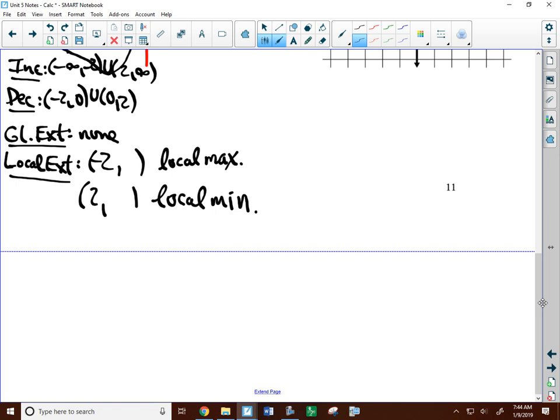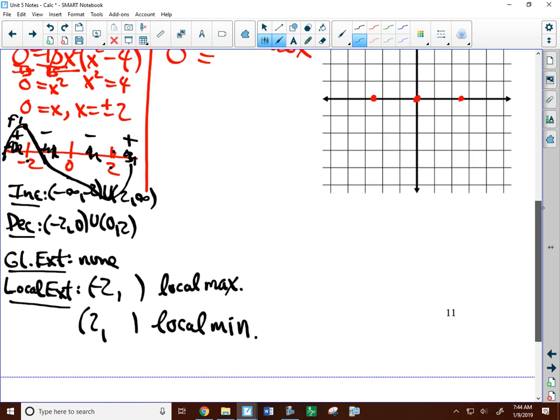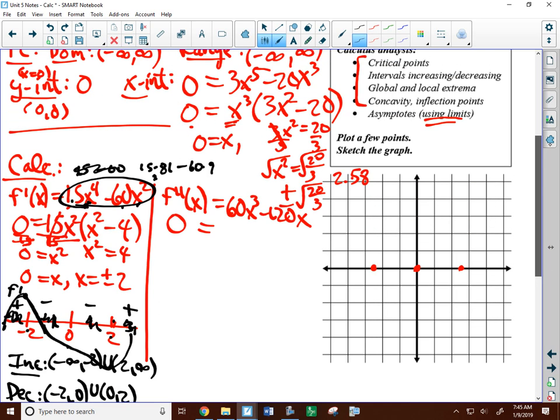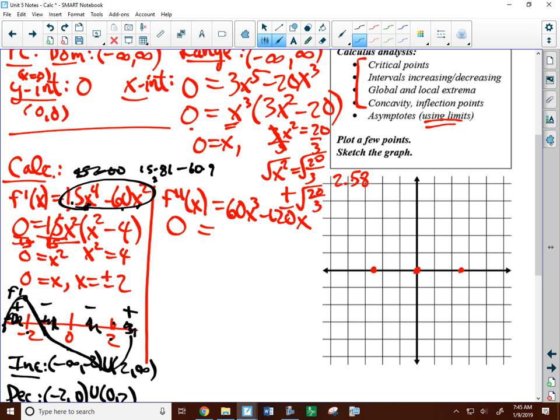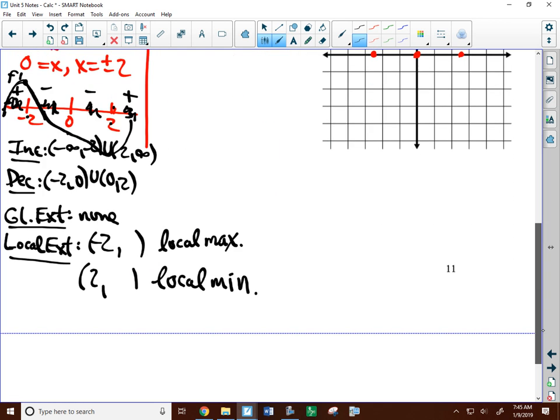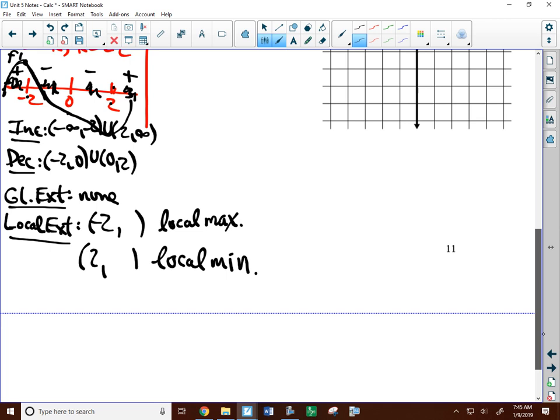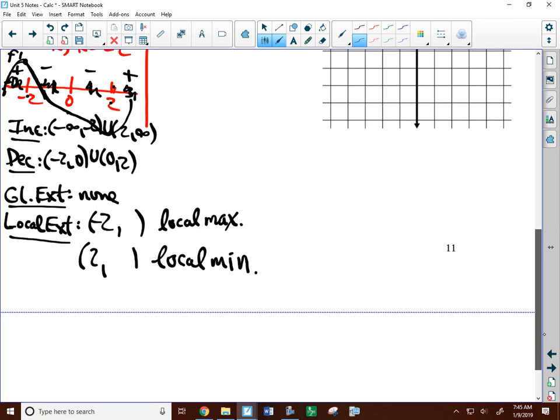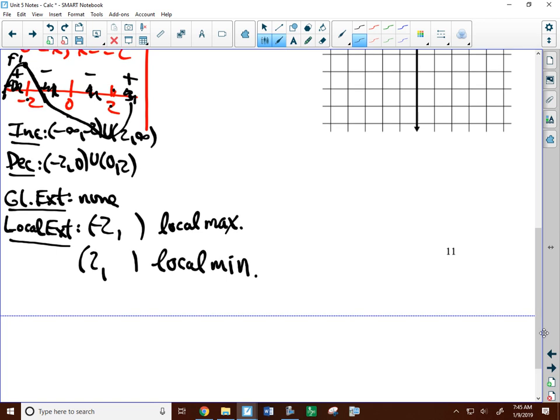But to finish up first derivative, I'm going to plug those in just to get the actual value, so I know exactly how to graph my function. And then that will take us up to the third one, and we just got the second derivative. So let's see, it's been a little bit since we've done this. To get the actual maximum value, I'm going to plug 2 and -2 into the original.